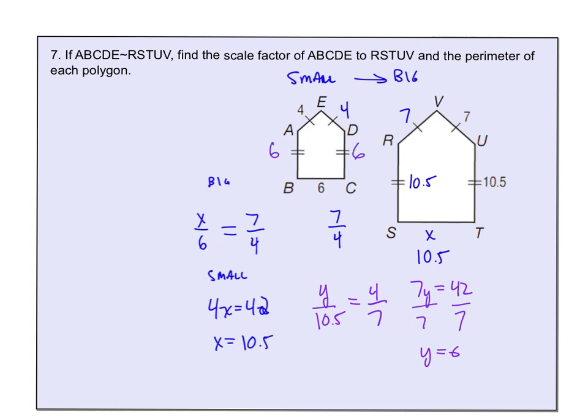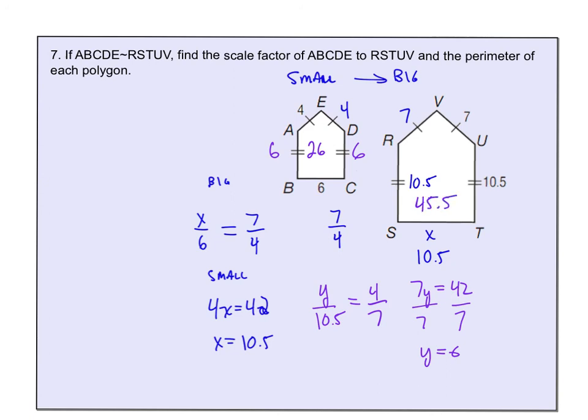So my perimeter just becomes the sum of all these. So 6, 12, 18 plus 8 should be 26. This one's going to be 10.5, 10.5, 10.5, so 31.5 plus 14. I'm just adding up my sides here.